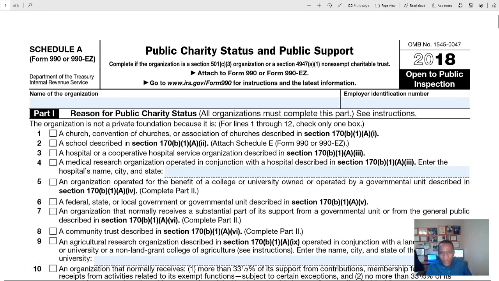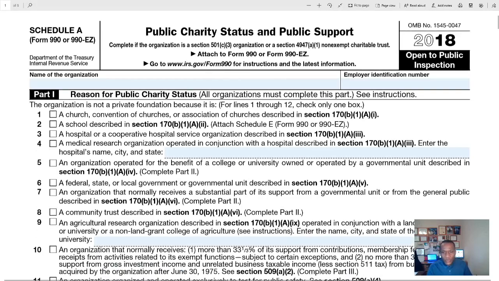Part 1 is the reason for public charity status. If you are a church or school, describe that. Or if you are a hospital or cooperative hospital service organization, a medical research organization, or an organization operated for the benefit of a college or university owned or operated by government, you need to describe it in Section 170(b)(1)(A)(iv). You must complete Part 2.